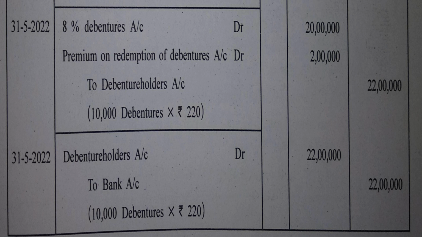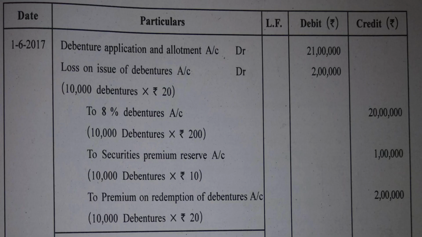Thirdly, at the time of redemption, as I said, it is to be compared with face value. They are going to redeem it at rupees 220. If you compare it with face value, which is 200, then premium on redemption is 20 rupees. Okay? And all these figures are to be presented in this journal entry.